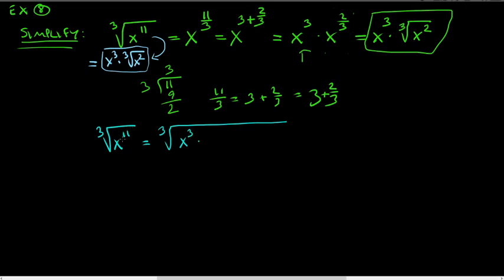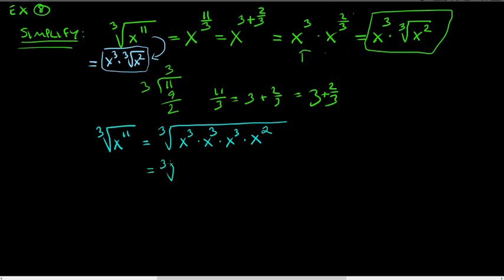But that's not 11, so I need how many more? I need another 3, so that's 6. Another 3 is 9. Another 3 would be too many, that's 12. We only want 11, so 9 plus 2 is 11. So 3 plus 3 plus 3 plus 2 is 11.